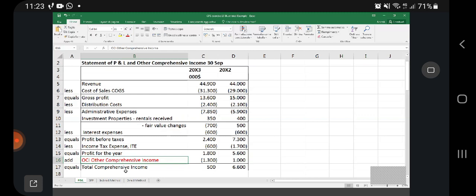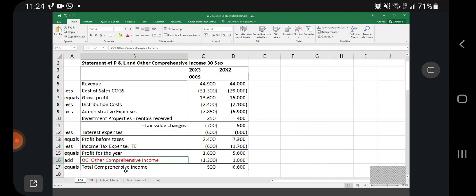Not being realized means that they are based on market perceptions that may very well be reversed in the future. And as they may be reversed in the future, we should not be taxed and pay taxes on this income. So again, other comprehensive income are income or expenses that have not yet been realized.